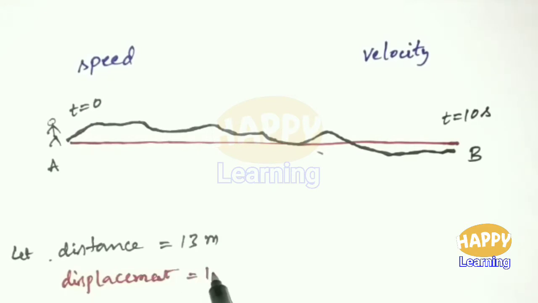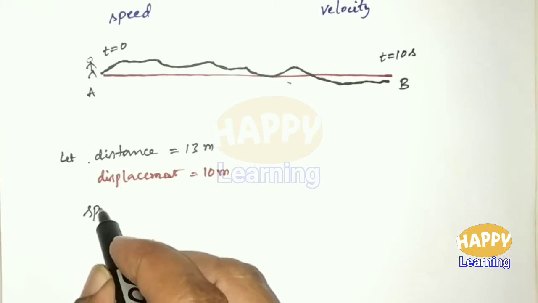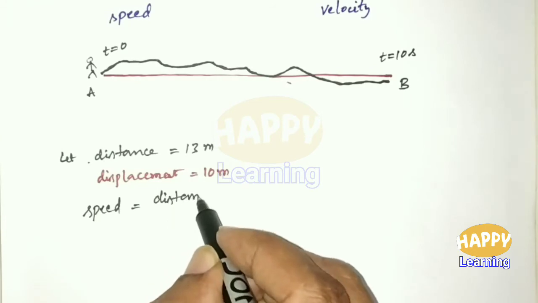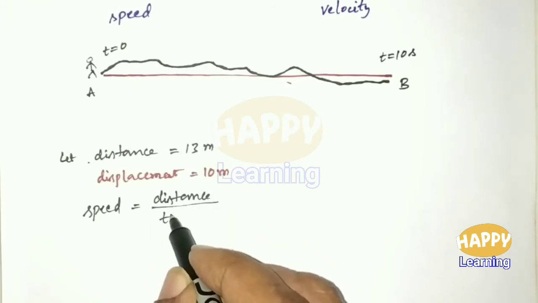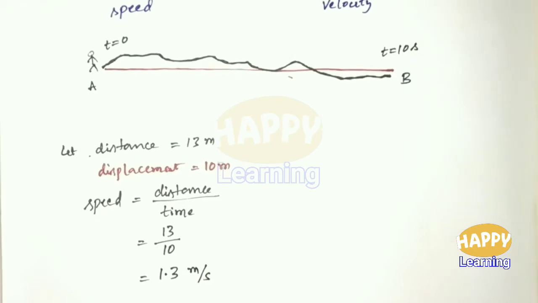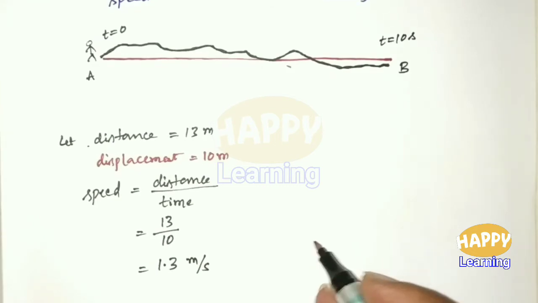Displacement is, let it be, 10 meter. Then speed is equal to distance by time taken. So 13 by 10, that is equal to 1.3 meter per second. This is the speed. So it is calculated based on the curved path.